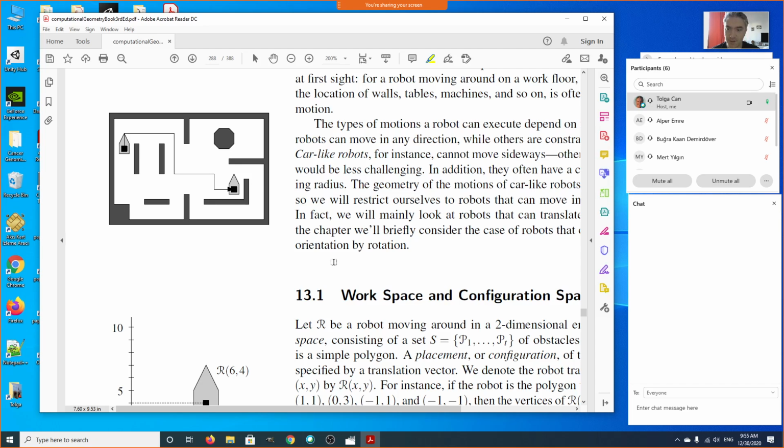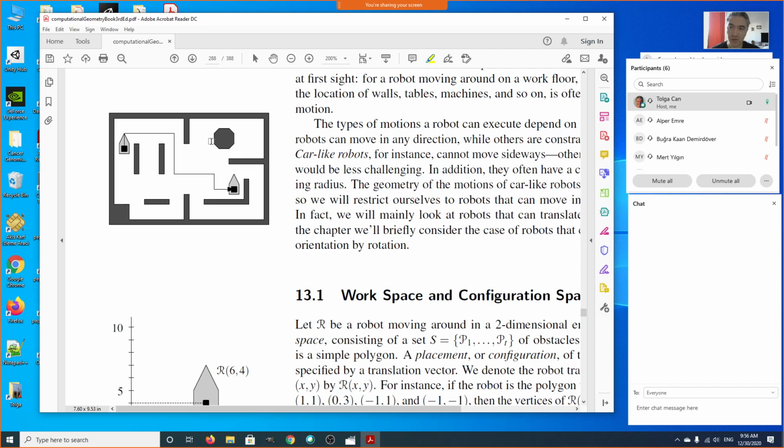simplify certain things. The simplest setting where we try to plan a path for a robot is where the robot is point-like. So the first is when we have a point robot, just a point. How do you plan a path in an environment where there are obstacles? We first see how to solve it by using trapezoidal maps, and then we are going to extend this initial problem into the case where the robot is no longer a point, but a convex polygon.